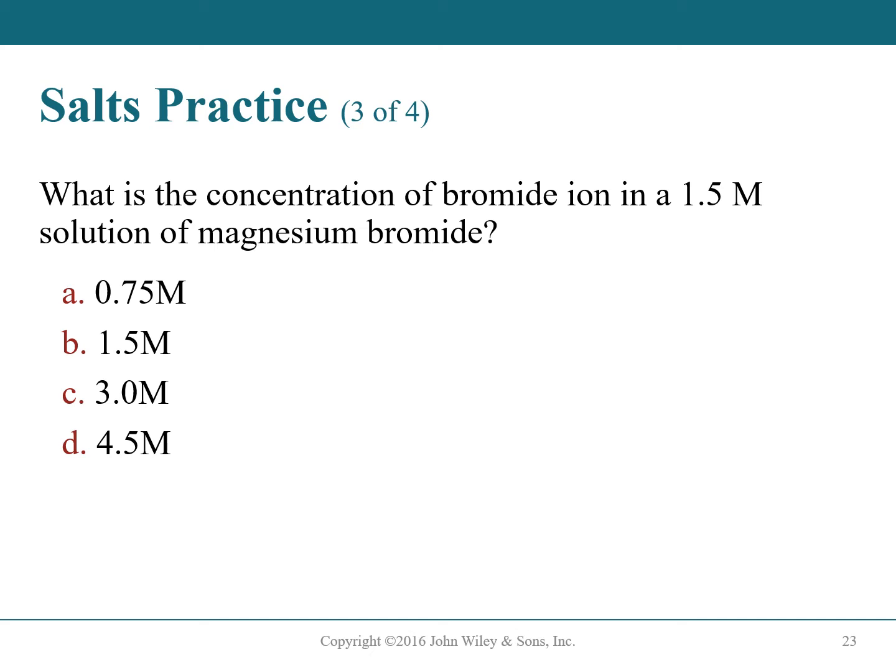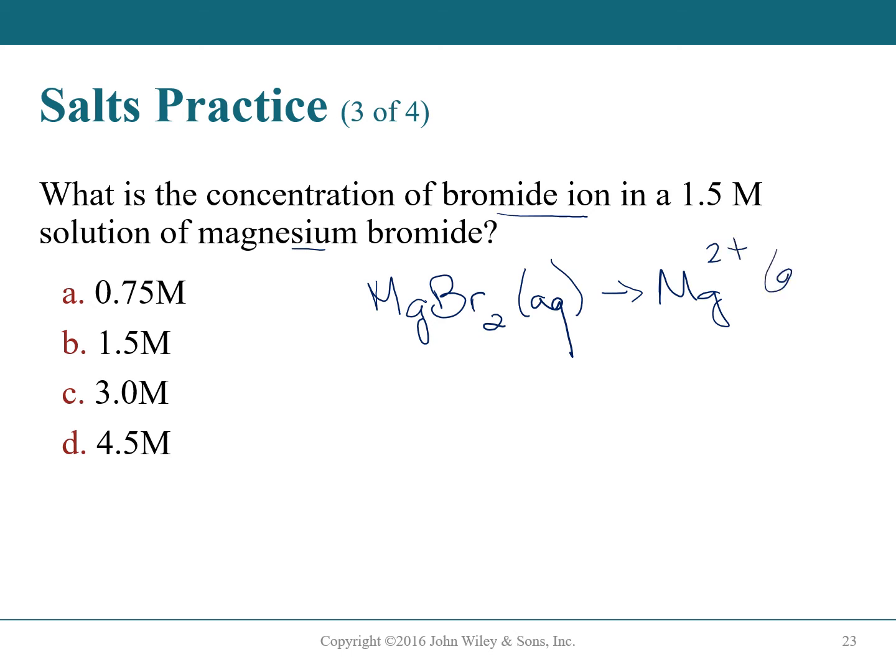Okay? So here, we want the concentration of bromide ion in magnesium bromide. Well, when magnesium bromide dissolves, we get the magnesium ion plus 2 bromide ions. If this was 1.5 molar, then basically it's a 2 to 1.